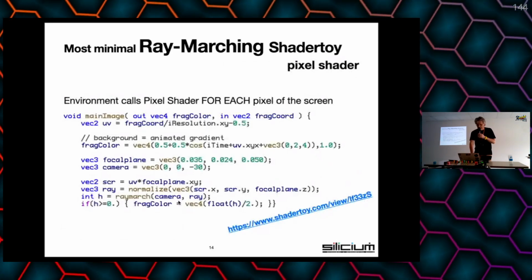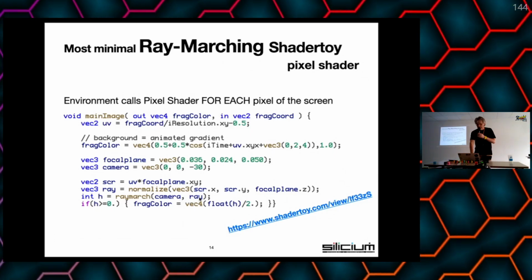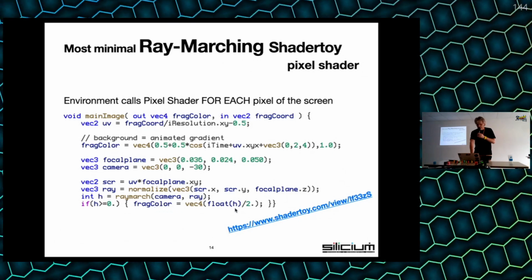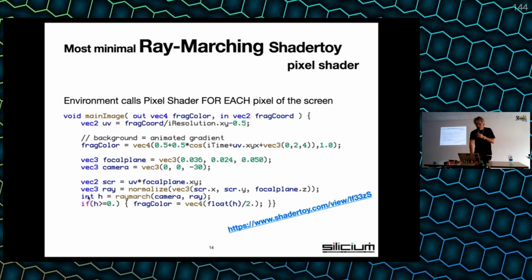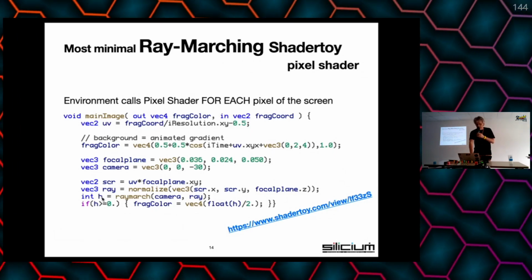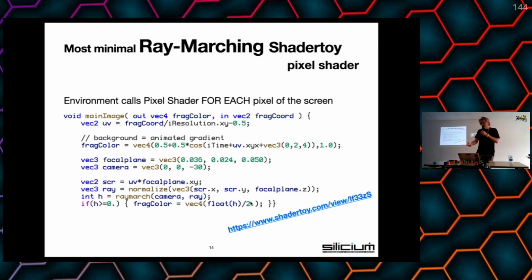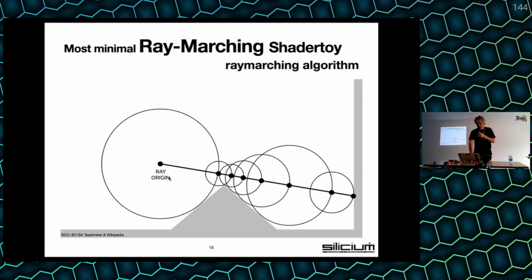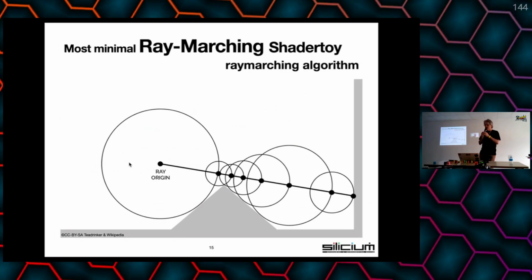It is invoked for each ray that goes through each pixel of the screen. Because this is not doing shading, depending on which of possibly multiple signed distance functions is hit by this ray, I will just draw a grayscale, because there's no actual shading here.